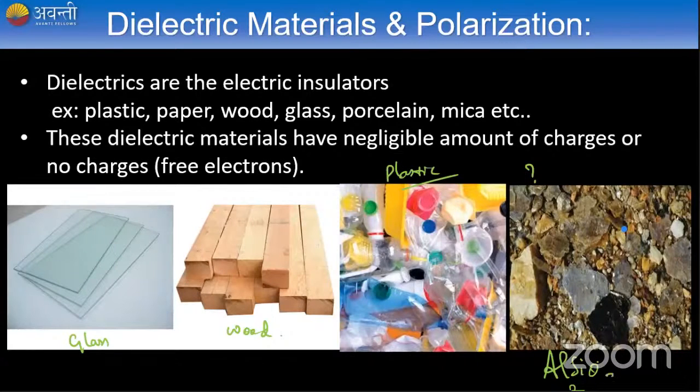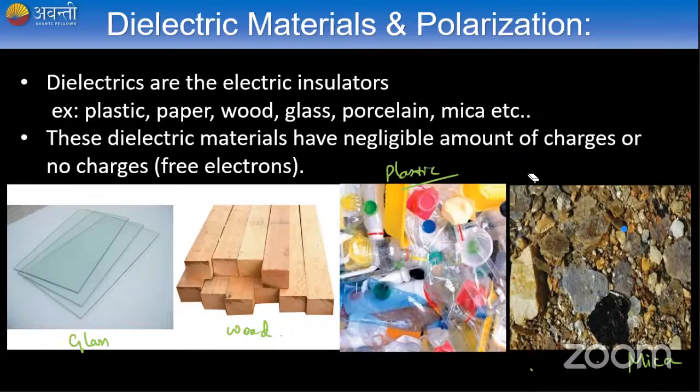Correct me if I'm wrong. This is also called mica, which is abundant in our country. India is filled with this mica, and it has very significant value in the electrical industry.